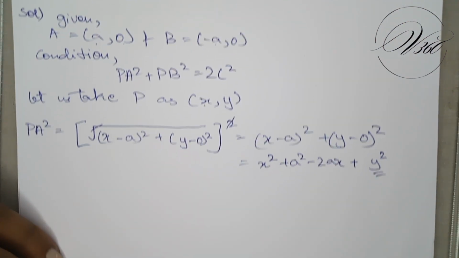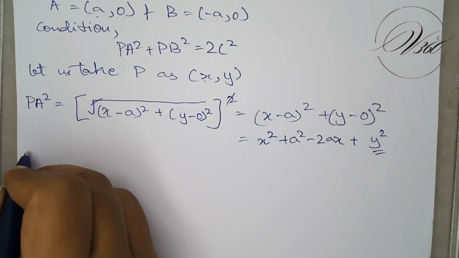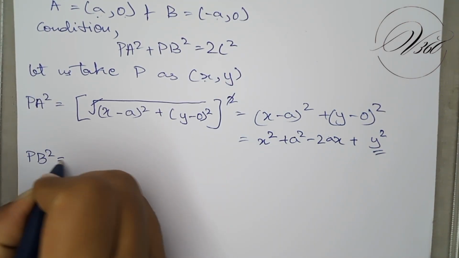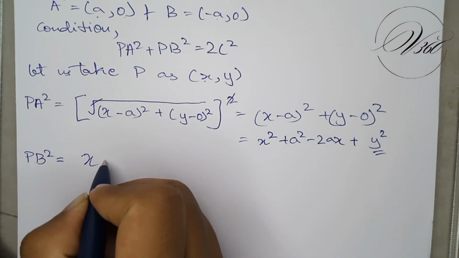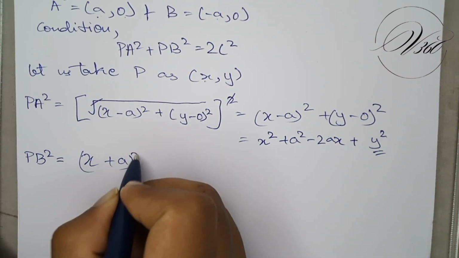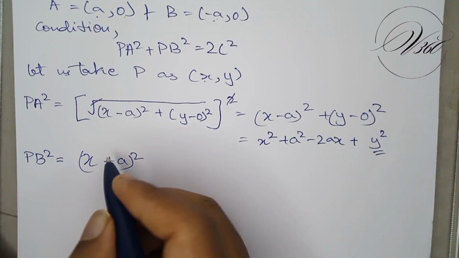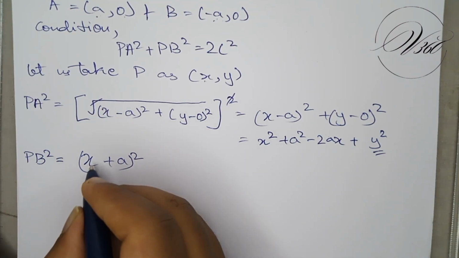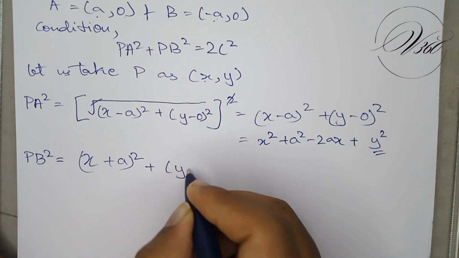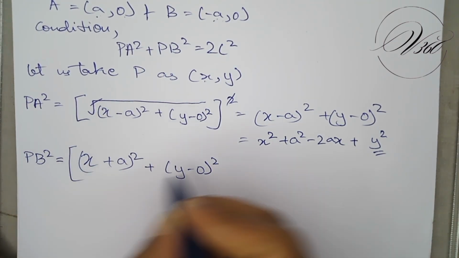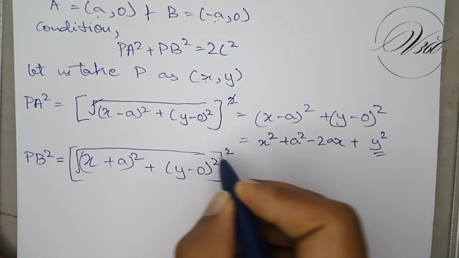Now we'll find PB square, which is equal to nothing but (x plus a) whole square, because here B is minus a, and minus minus when multiplied becomes plus, so it is plus a. (x plus a) whole square plus (y minus 0) whole square, which is under a root and under a whole square.